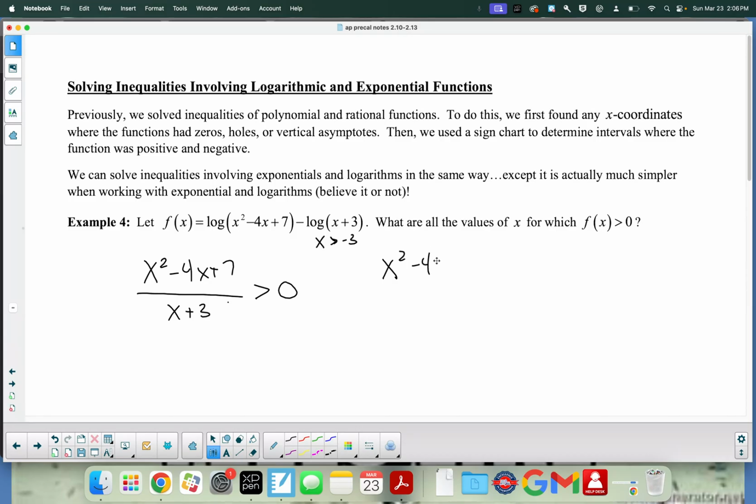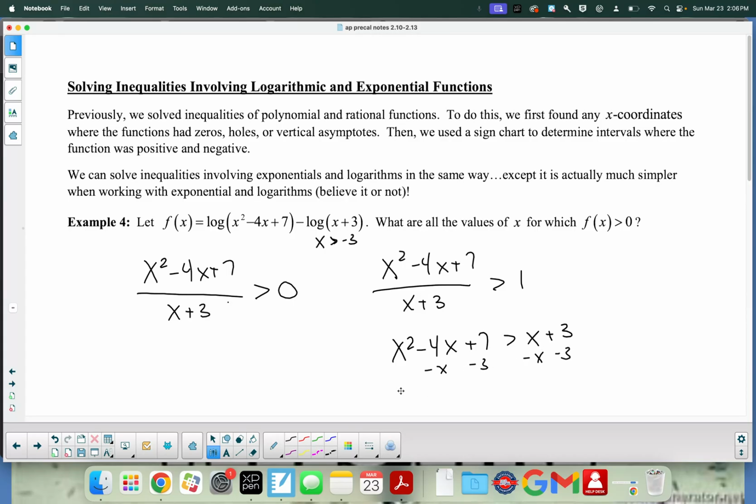So x squared minus 4x plus 7 over x plus 3 greater than 1. So now I can actually cross multiply and get something that's possibly factorable. So cross multiply: x squared minus 4x plus 7 greater than x plus 3. And then we're going to move everything to the left so we can actually go ahead and factor.